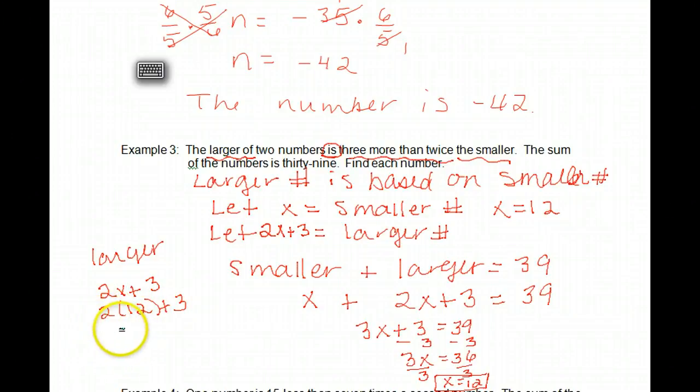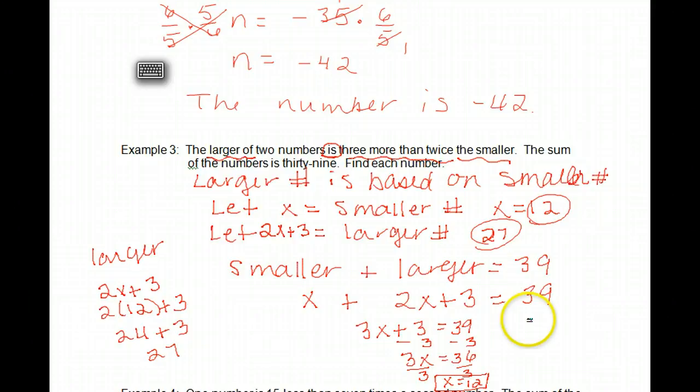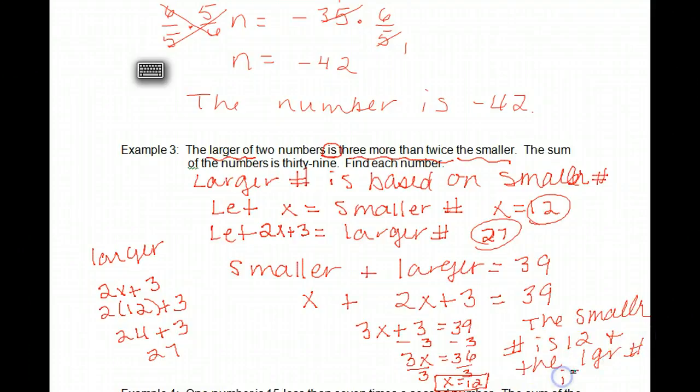So 2 times 12 makes 24, plus 3 makes 27. So that tells me as I write my sentence that the smaller number is 12 and the larger number is 27.